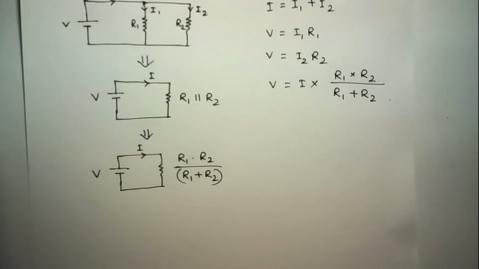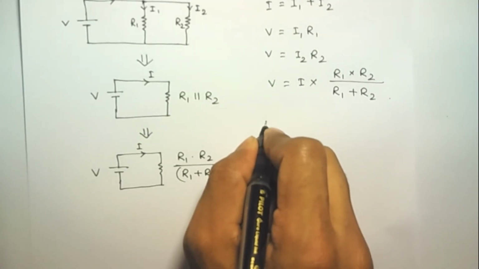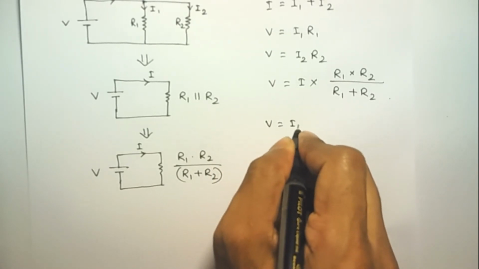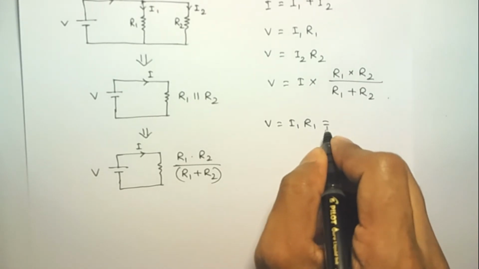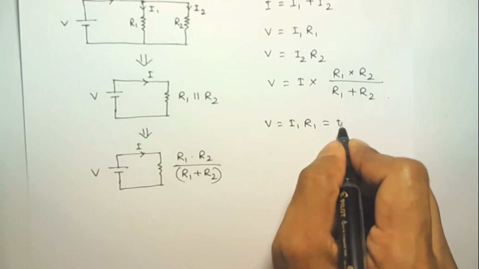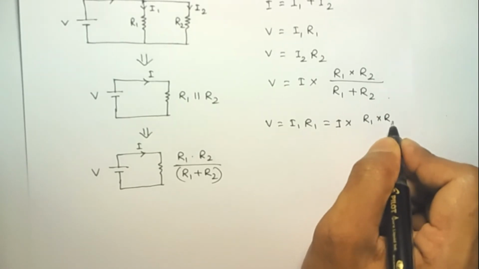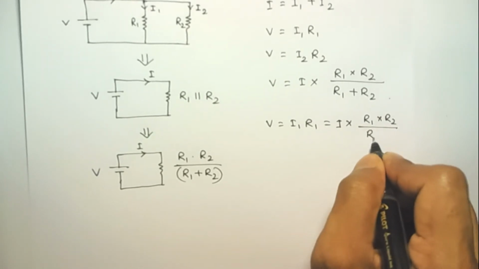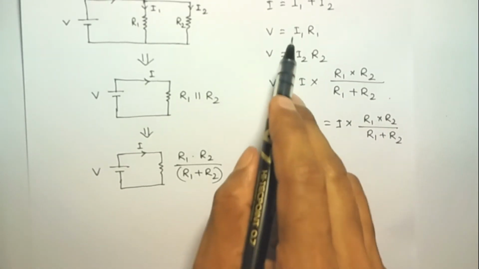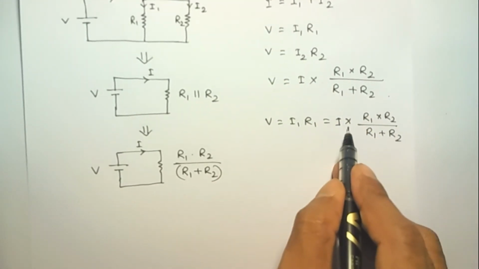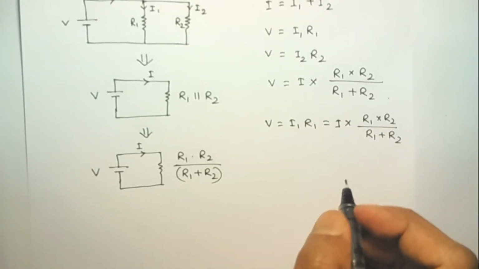Now let us calculate the value of I1. So V equals I1 R1, equals I into R1 into R2 divided by R1 plus R2, because V equals I1 R1 from this equation and V equals I into R1 into R2 divided by R1 plus R2 from this equation.